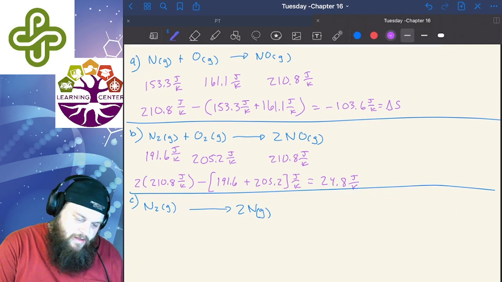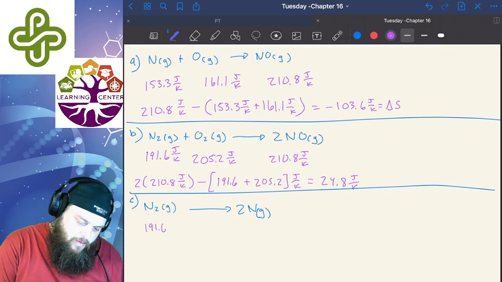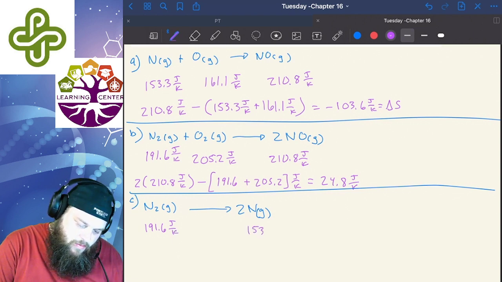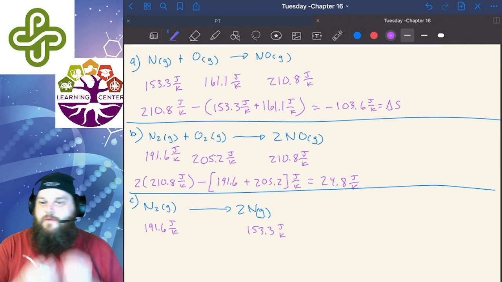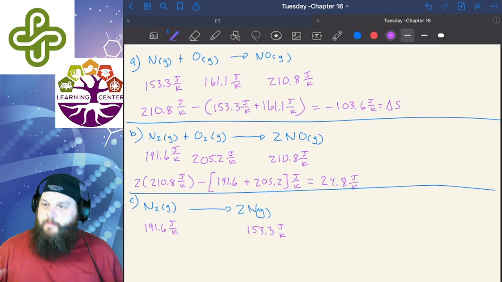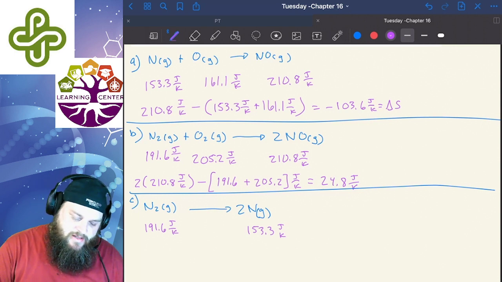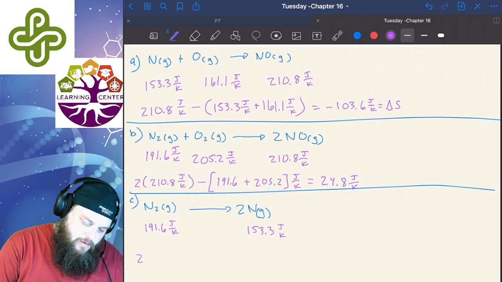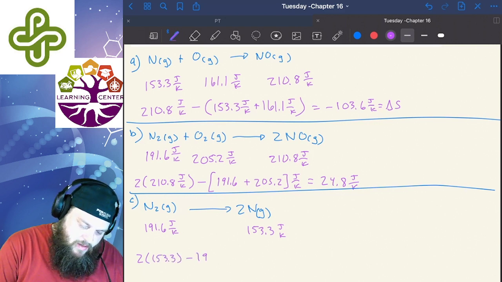The N2 gas was 191.6 joules per Kelvin, and the N gas was 153.3 joules per Kelvin. Now we can see this goes from 1 mole to 2 moles, so we would expect a positive delta S. Let's see if that works out right.